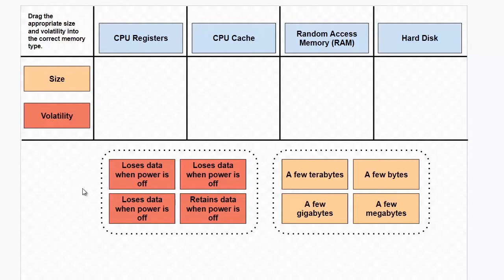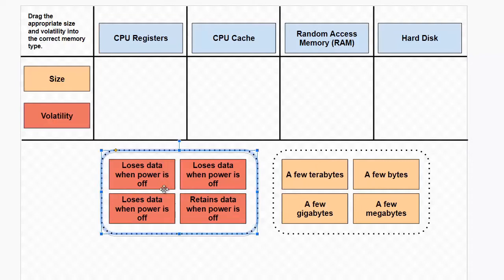The key thing to remember is secondary storage, such as optical, magnetic, or flash devices, retain their data because they're secondary storage. Anything that's primary storage, by and large, will lose the data when the power's off. So, CPU registers, CPU cache, and RAM all lose data when the power's off.